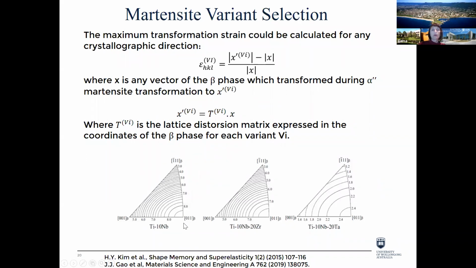However, in the titanium niobium alloy the value is 8 here, and with the tantalum addition it is only 2.4. If we move towards the 001 and 111 poles, we can see a reduction in these values for all of the materials. So we could use data from synchrotron XRD or neutron diffraction to insert in these calculations to plot these particular diagrams.